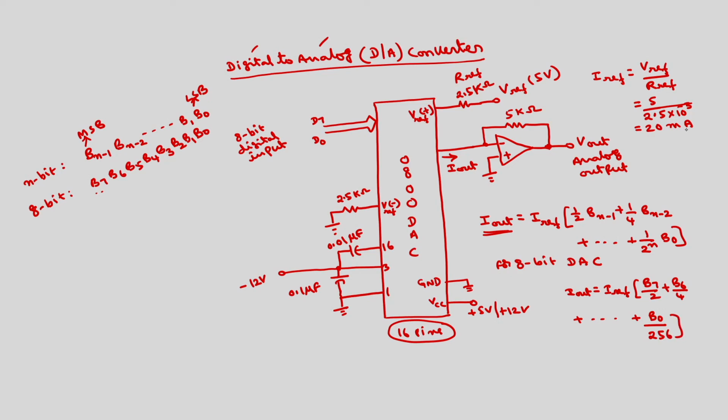So I reference is 20 milliamps. If all the bits are 0 0 0 0, B7, B6, B5, B4, B3, B2, B1, B0. So what is I out? This is current output, this is digital input.